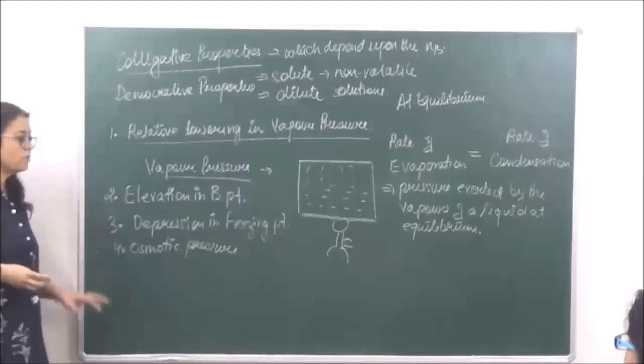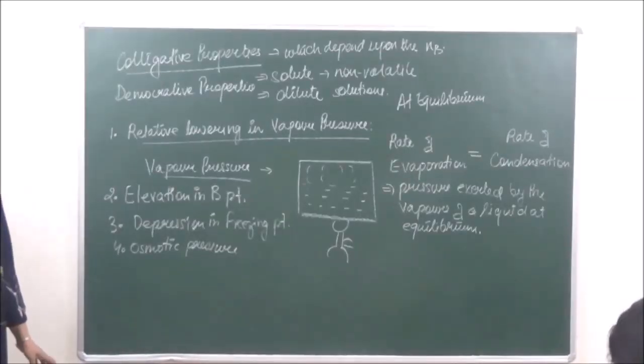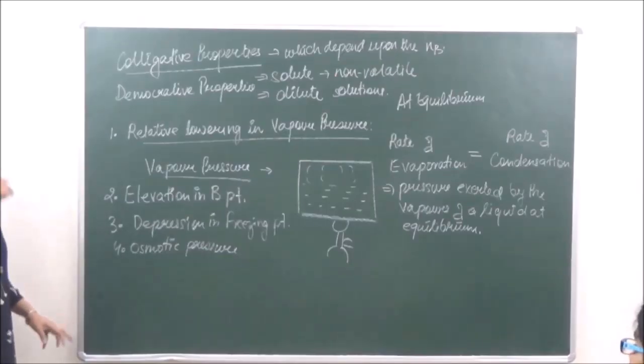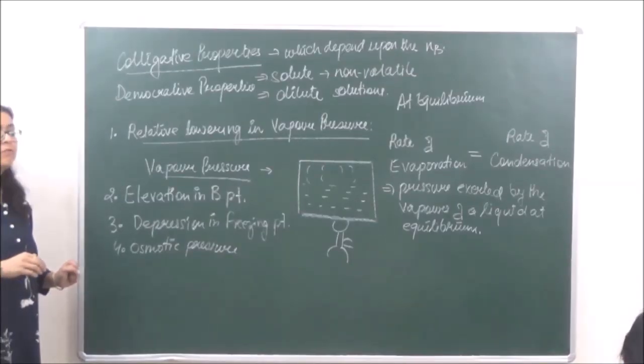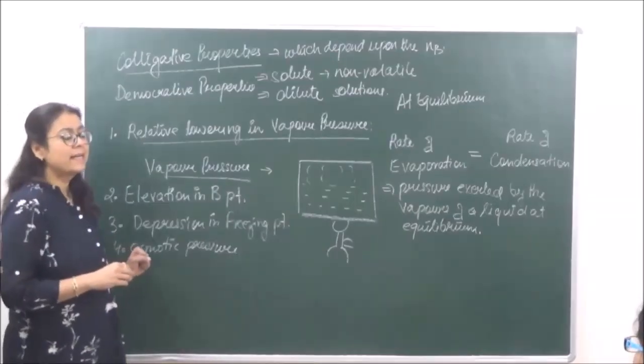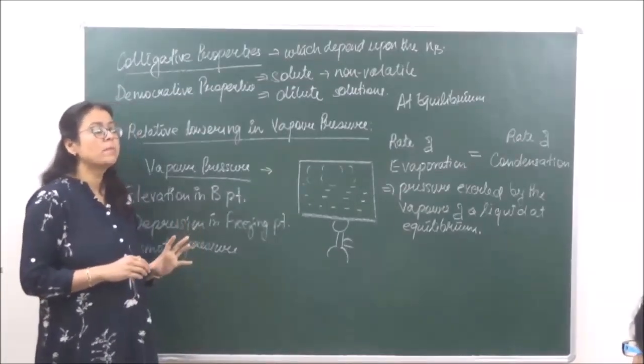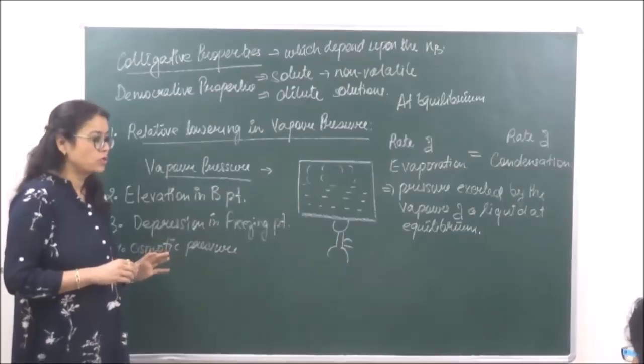So in this section we are going to study 4 of these properties, right? Now what is one of the major applications of colligative properties? One of the major applications is that it helps us to calculate the molar masses of the non-volatile solutes, right?